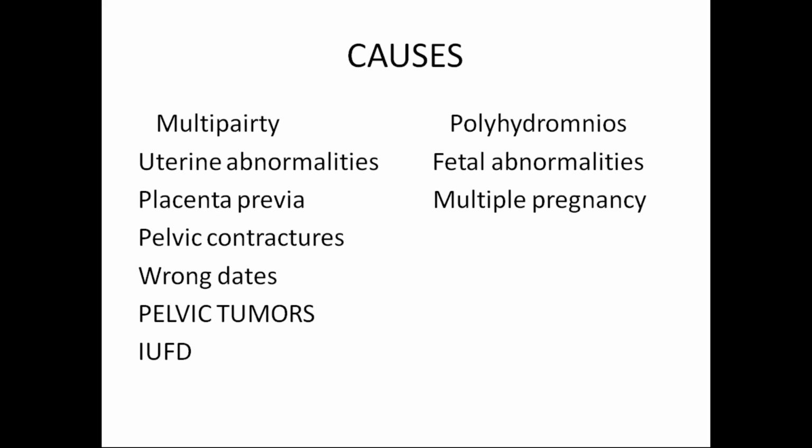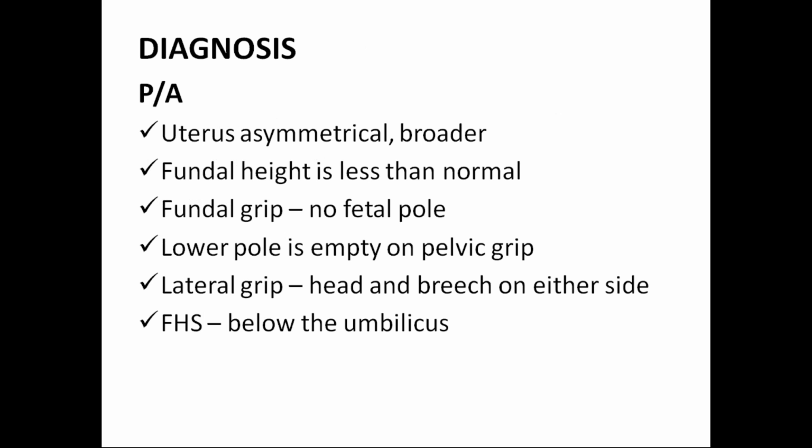In recurrent malpresentations, always think of uterine abnormalities, Mullerian abnormalities. Per abdomen, the uterus will be asymmetrically enlarged, transversely more enlarged because it is a transverse lie. Fundal height will be less than the period of amenorrhea because the uterus is transversely stretched. So this is one of the causes where the fundal height is less than the period of gestation, other than IUGR, oligohydramnios, wrong dates, congenital anomalies of the baby, all those things.